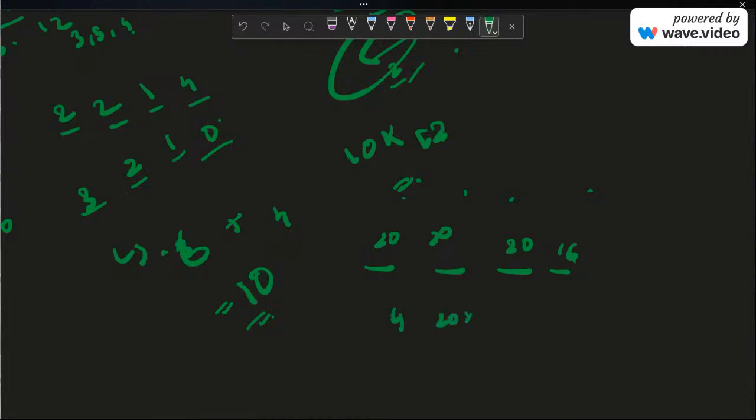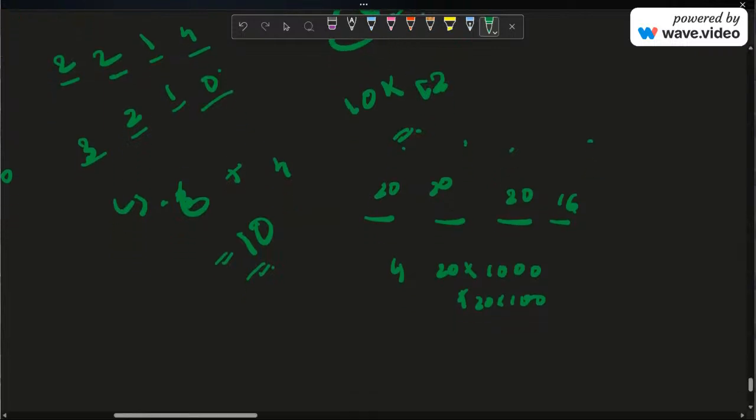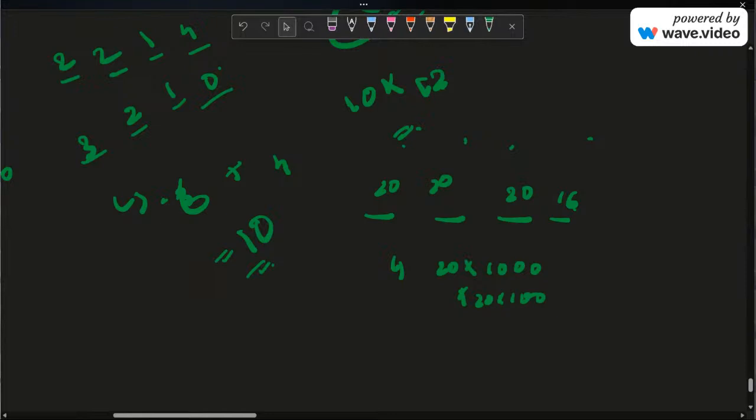Let me do 20 into 1000 plus 20 into 100. 20,000 plus 2,000 plus 200, 22,216. Answer is 45316.